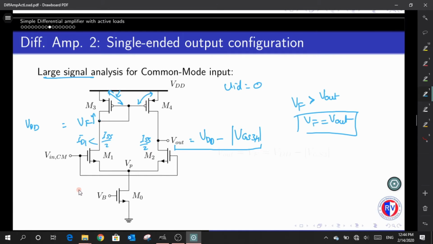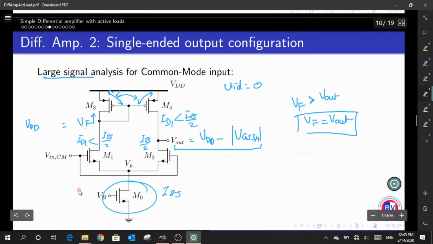Okay, now this in turn poses some sort of constraint onto this particular M4 structure. So then what current is supposed to flow here? Yeah, because I copied the same value of VGS3 onto my VGS4, this also will be a current whose value is ID1, and this current is obviously less than ISS by 2. But what about the tail node? What current is supposed to flow through them?